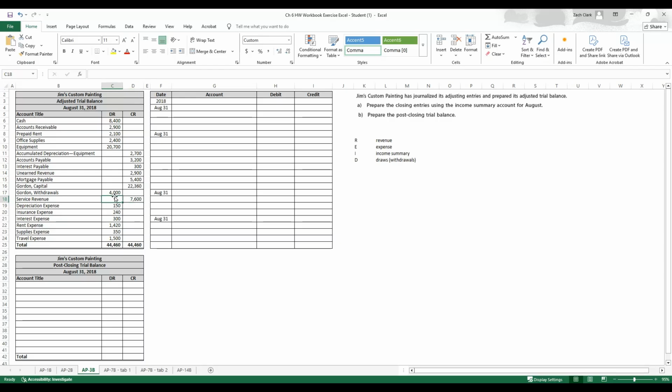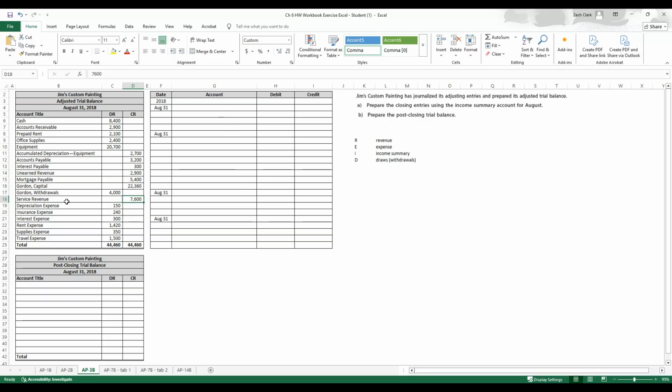The ending effect of these closing entries is going to be moving all of these balances into capital. So let's take a look at how that works.